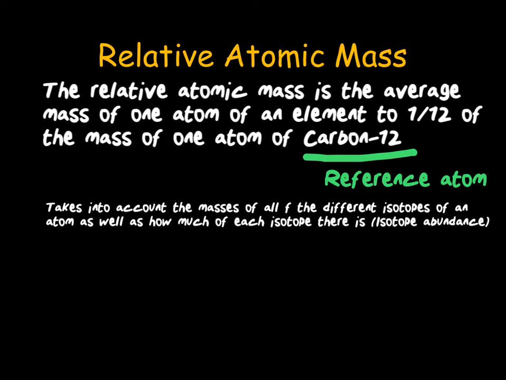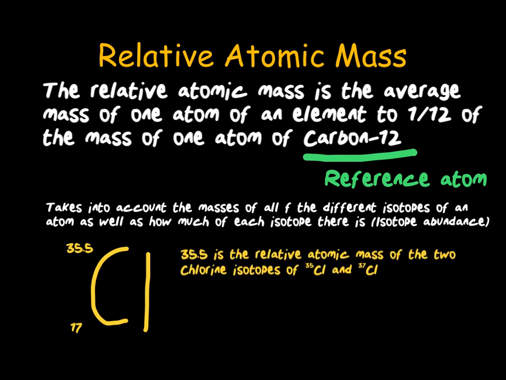This is why not all of the elements on the periodic table have a whole number for their mass number. For example, chlorine, which shows as 35.5 on the periodic table. Obviously, we can't have 0.5 because you can't have half of a proton or a neutron, so this is an average of the relative abundance of its 2 isotopes, which are chlorine-35 and chlorine-37.